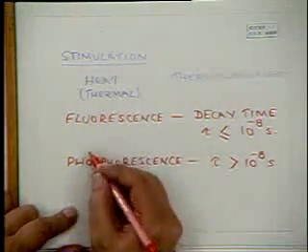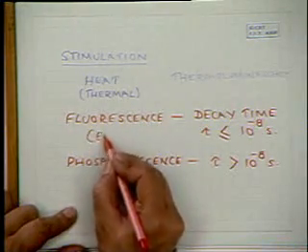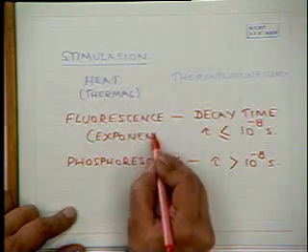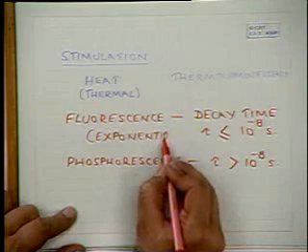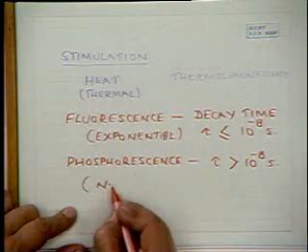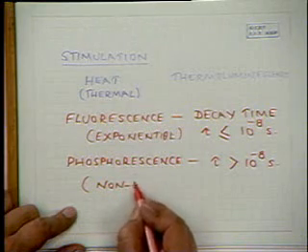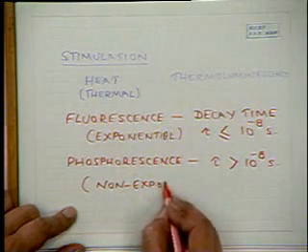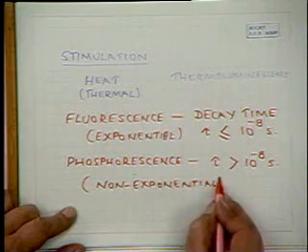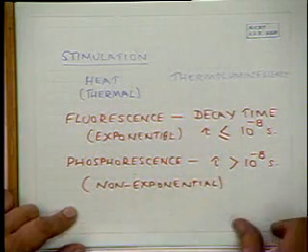In fluorescence, the decay is often exponential, whereas in the case of phosphorescence, it could be non-exponential. We'll be going into the details of the processes at a later stage.